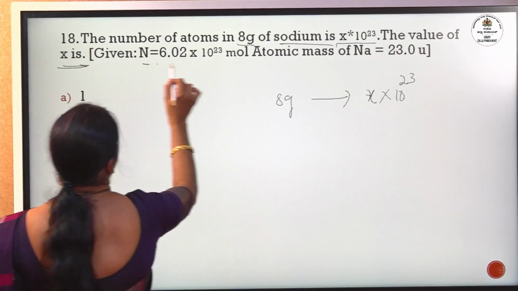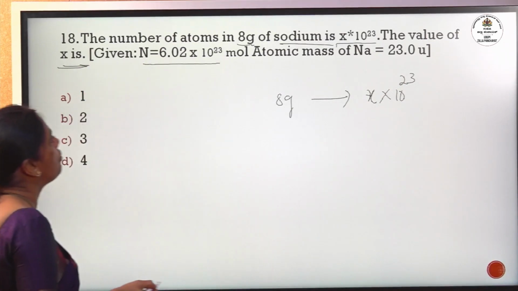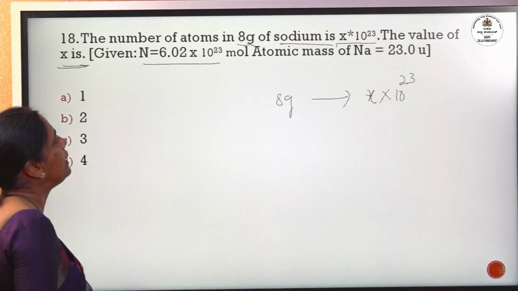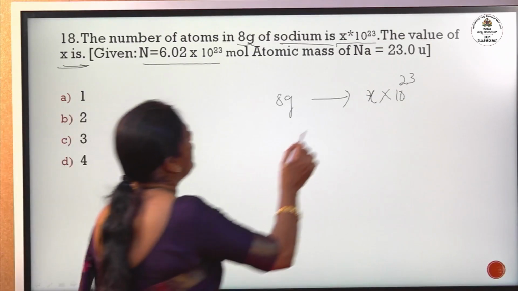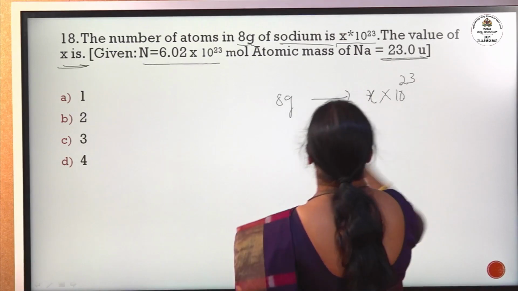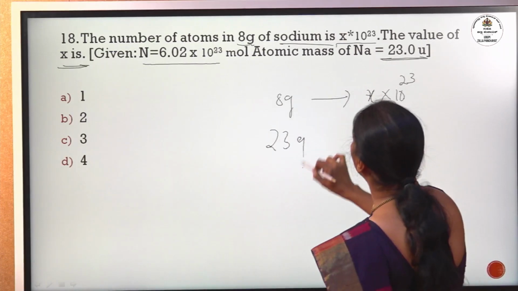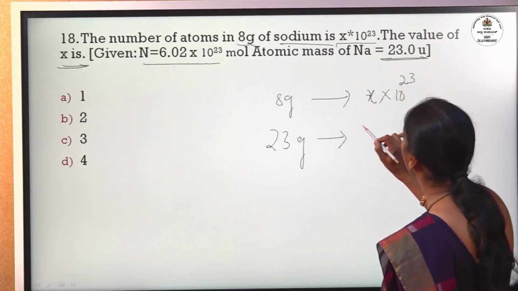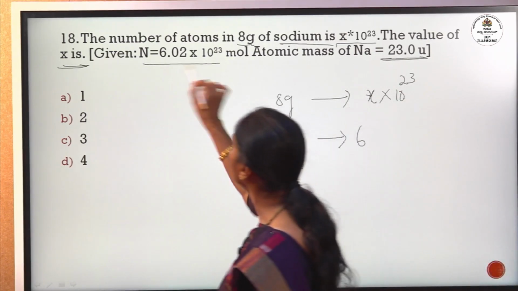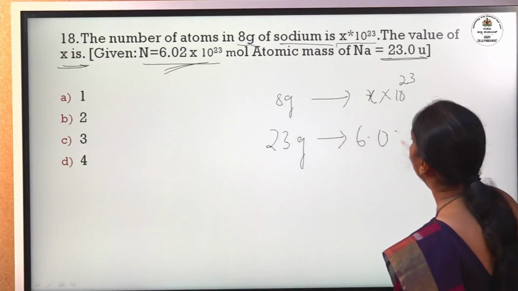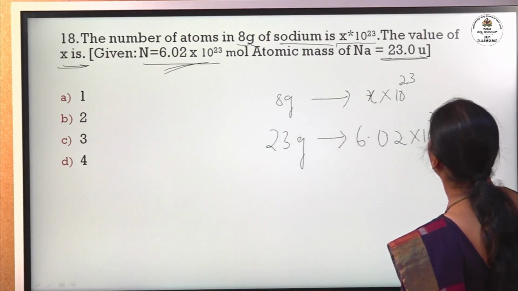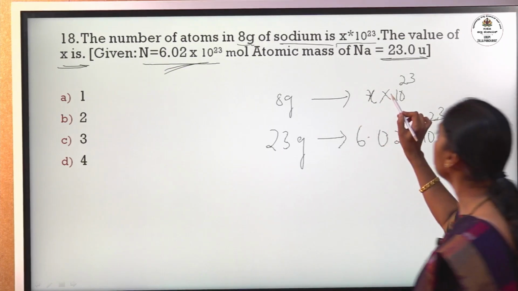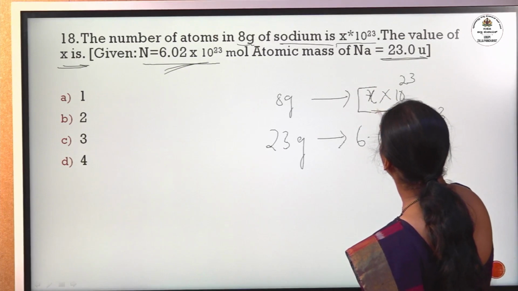Given N is 6.02 into 10 to the power 23 per mole, atomic mass of sodium is 23 u. So, 23 gram of sodium contains Avogadro number of sodium atoms, that is 6.02 into 10 to the power 23 sodium atoms. Now, 8 gram contains this much, where we have to find out x.